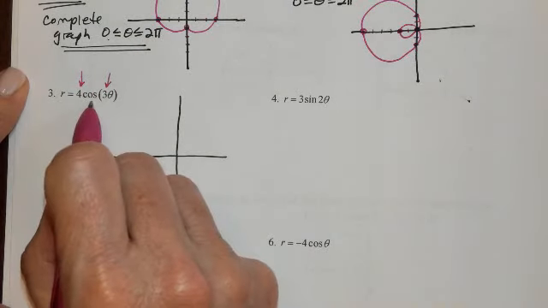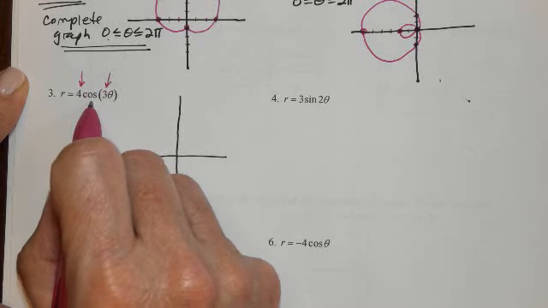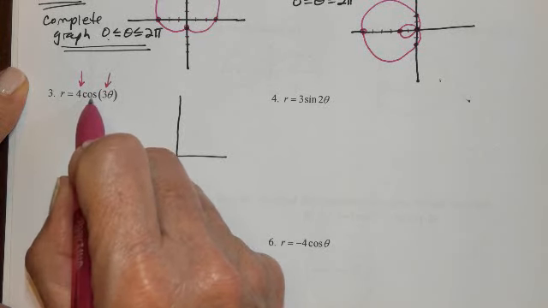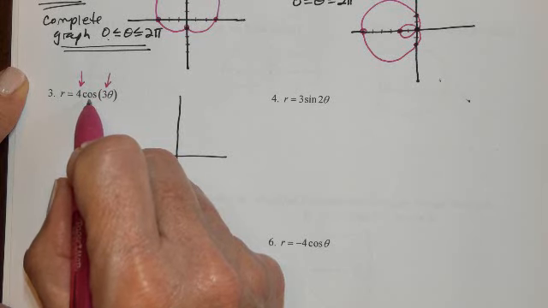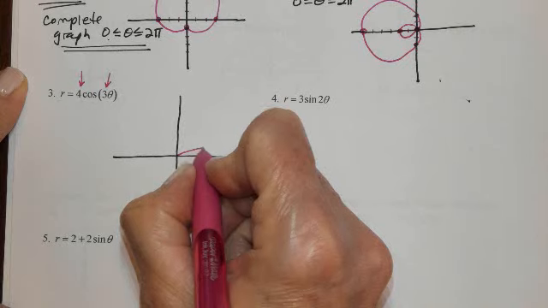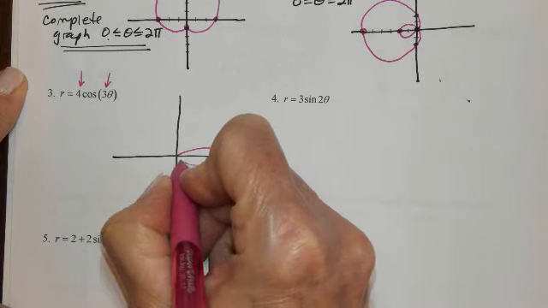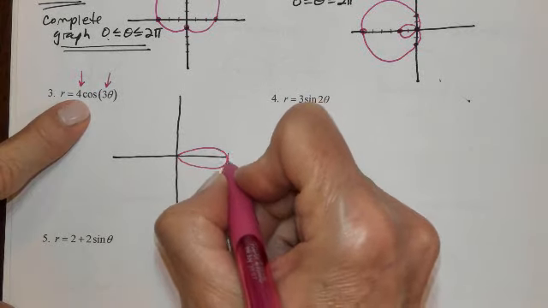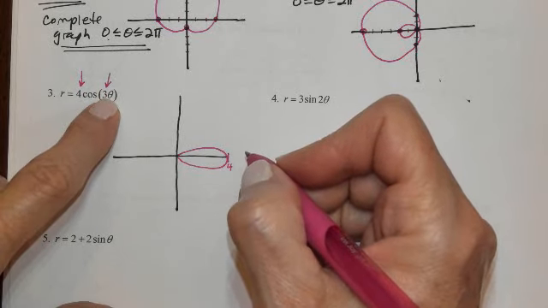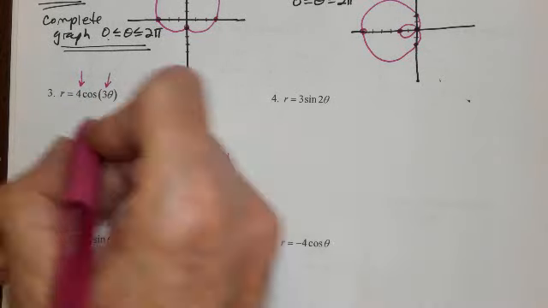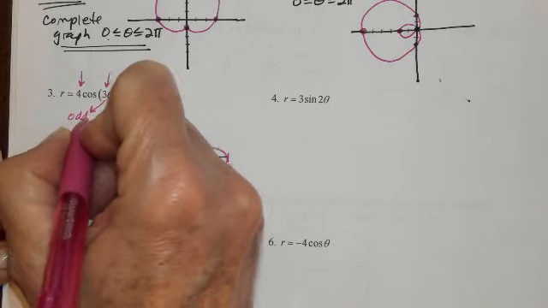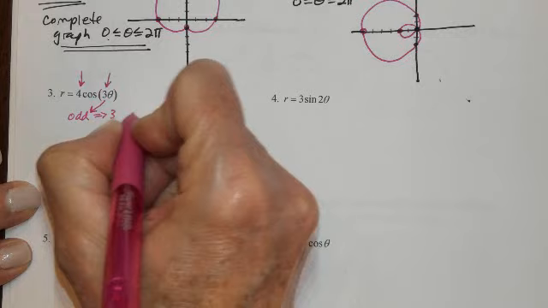It's a cosine, so I know that the first petal is going to lie on the x-axis. It's a positive cosine, so I know that the first petal is going to lie on the positive x-axis. So I'm going to draw a petal because I know it's there. And it has length 4. Now this number is 3. Remember, if that's odd, then we have that many petals.